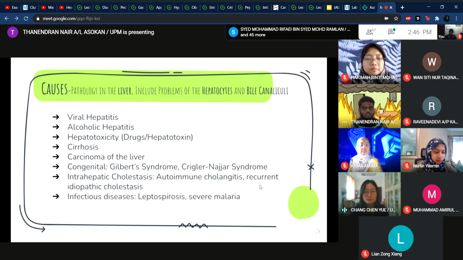But I think infectious diseases are more pre-hepatic causes because both leptospirosis and severe malaria will cause hemolysis. Next.